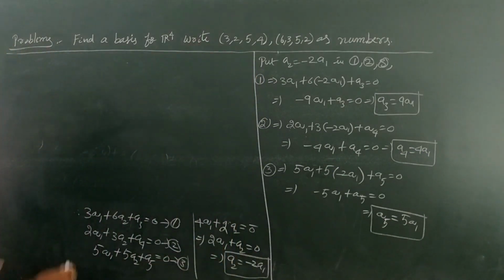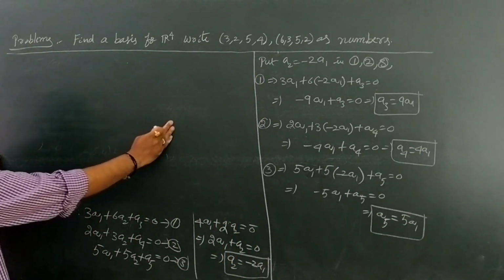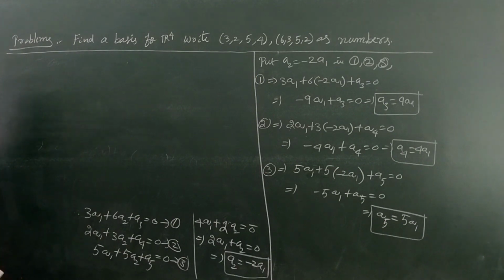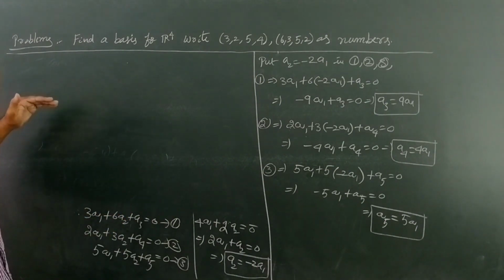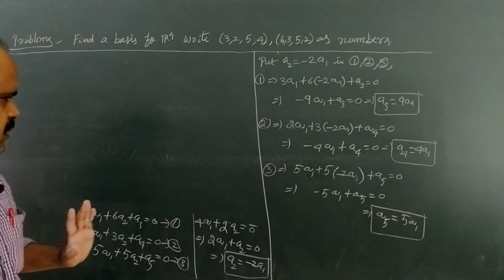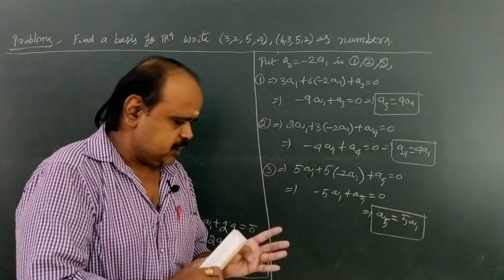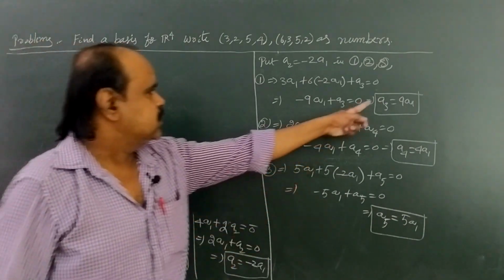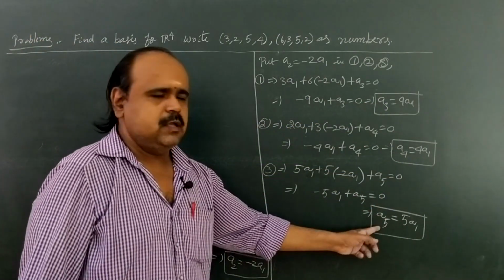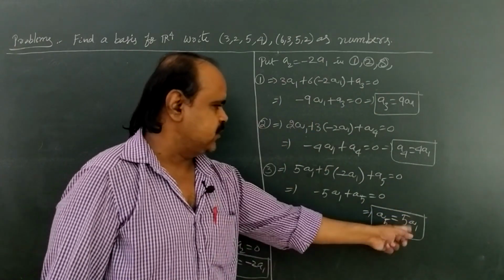In the linear combination, from all the scalars, a2, a3, a4 and a5 are all multiples of a1.